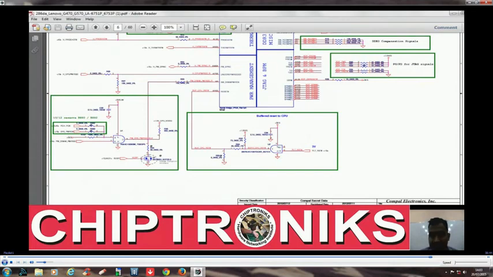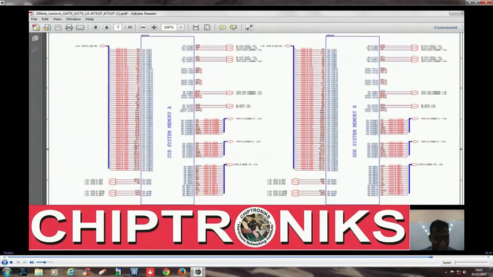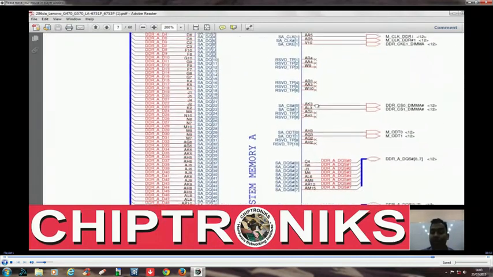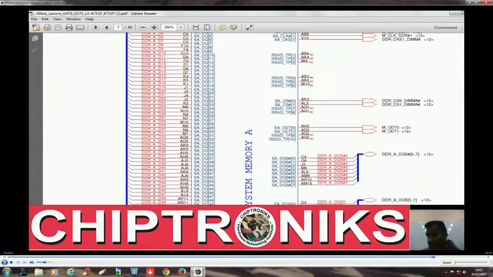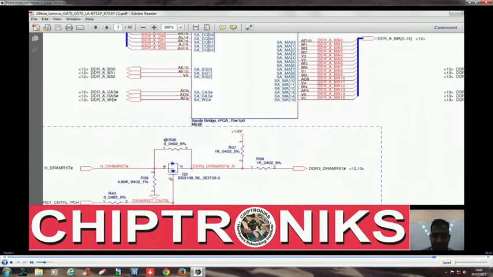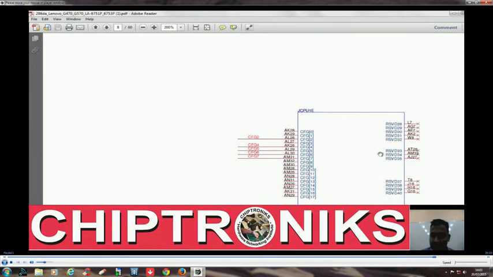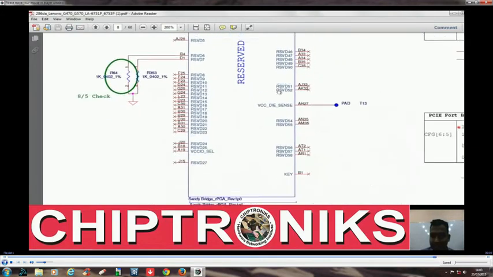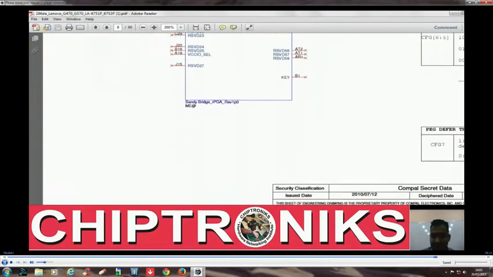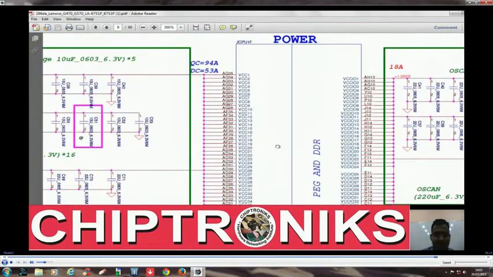We'll discuss all these pages very explicitly, all the connections very explicitly, because understanding these connections will give insight on how to repair a problem. So we are going to check the FDI connections. FDI is flexible display interface, a very important technology in i3 based motherboards.